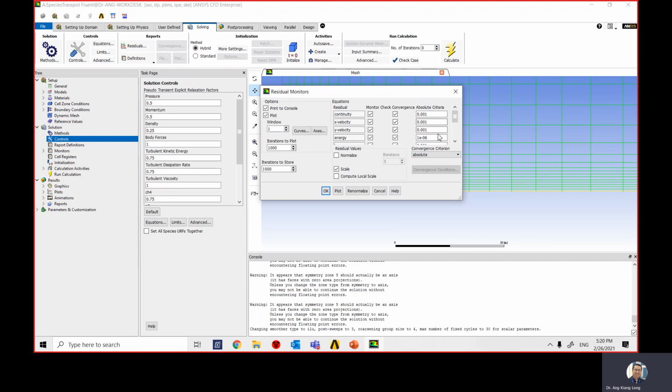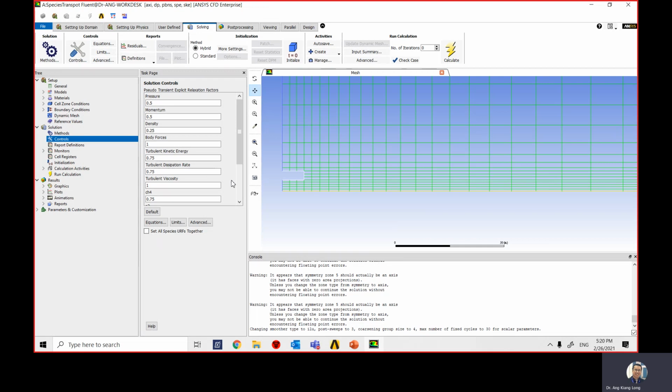Our convergence criteria is given here. What is important is that you make sure you activate the plot here. Right, then click OK.